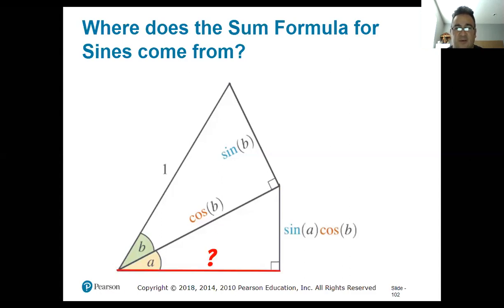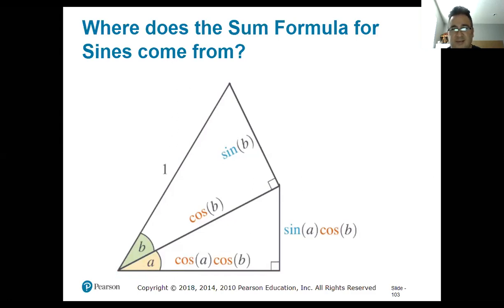So what's this side over here going to be? Cosine A cosine B. Good job, right? Everybody okay with that? I love that. It looks so cool and it works out so nicely.